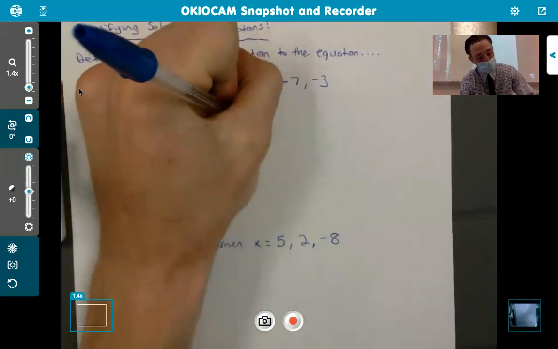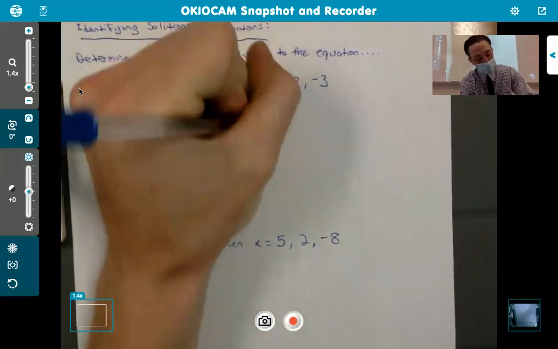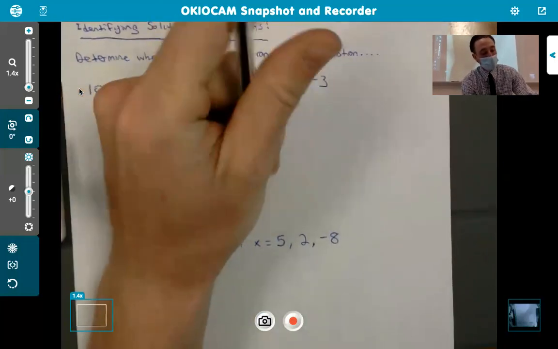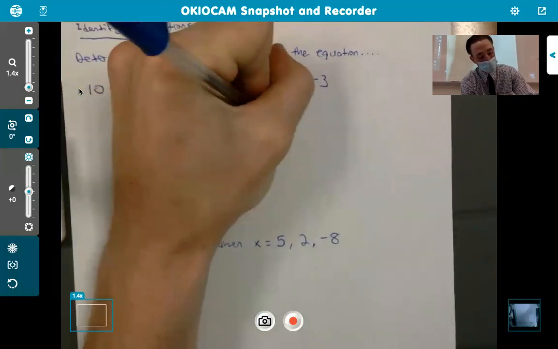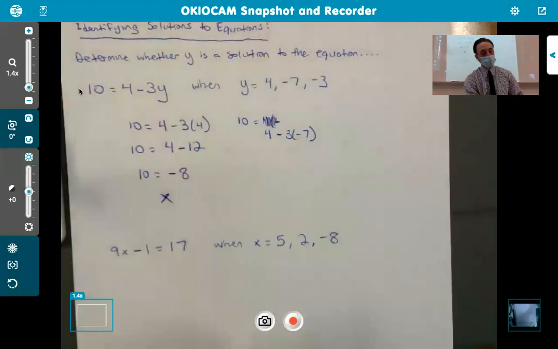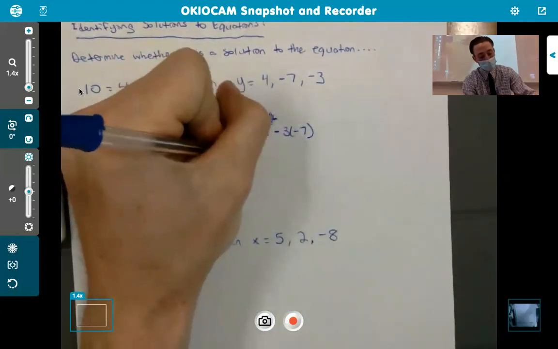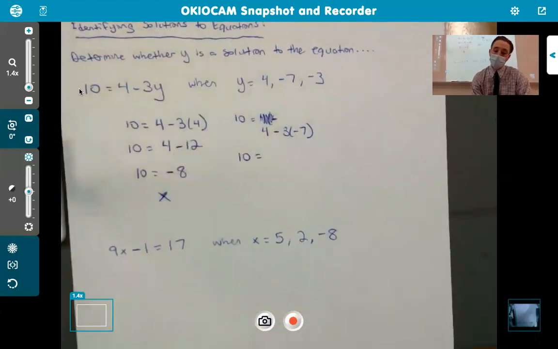So I have 10 is equal to 4 minus 3 times negative 7. Again, the 10's not going to change at all.